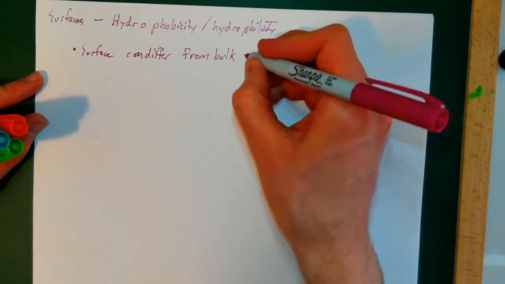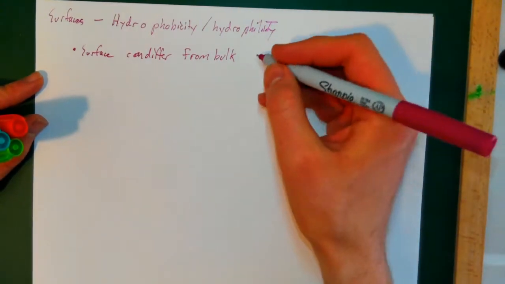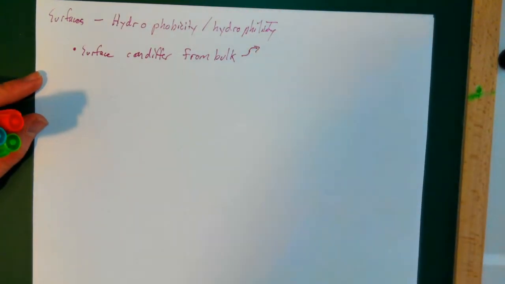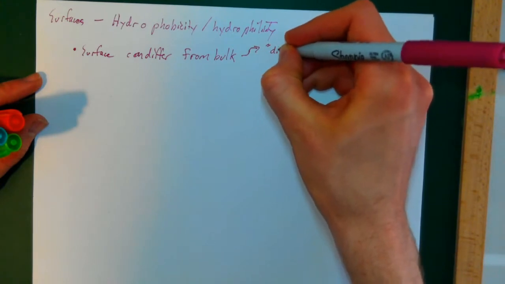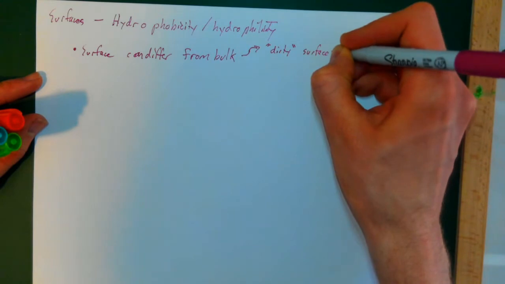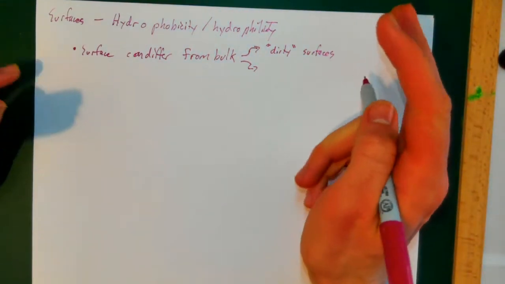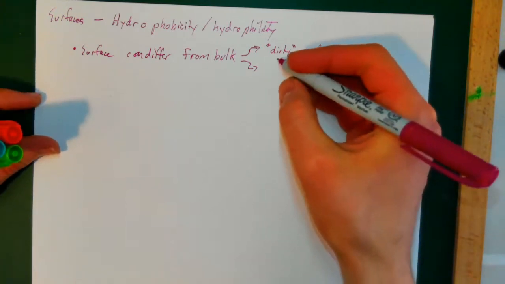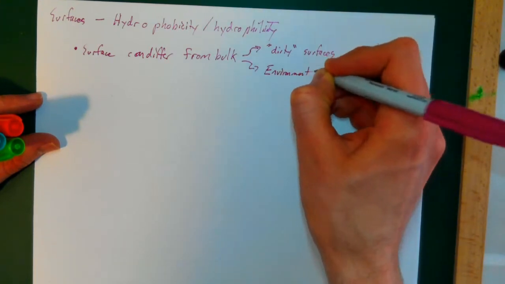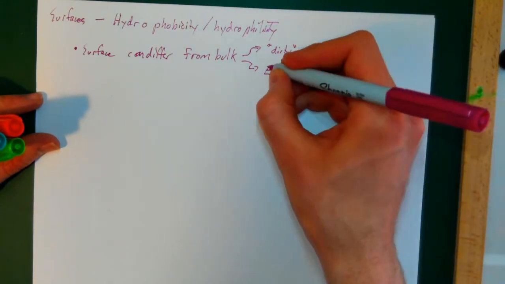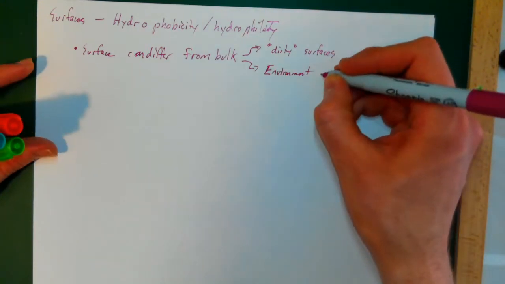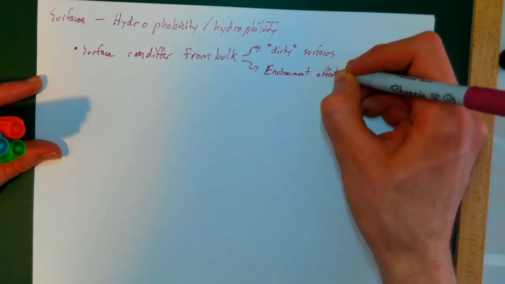When we talk about surface versus bulk properties of materials, we'll consider two situations. One is where we have dirty surfaces, and then the other where, even if there's nothing fouling a surface, the environment can locally change the surface, even on a molecular level. So, environment effect on surface.